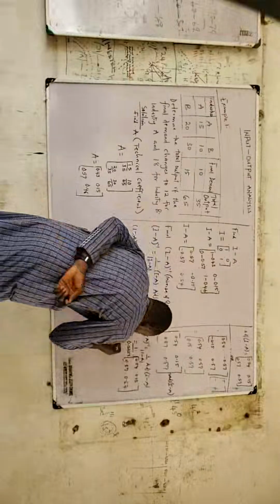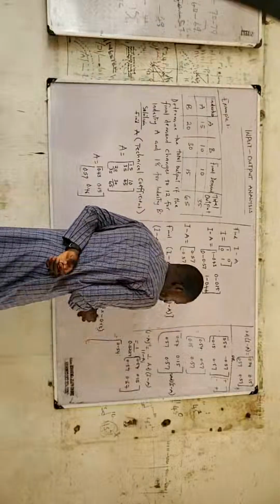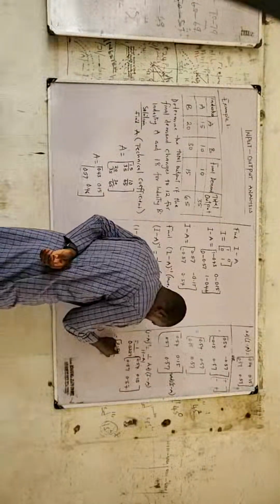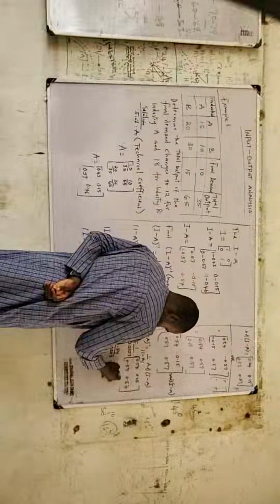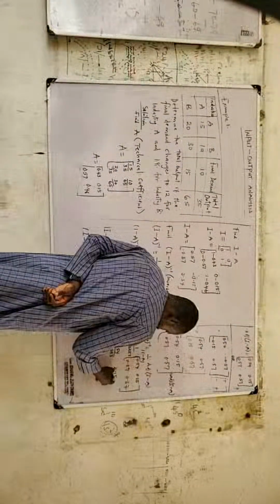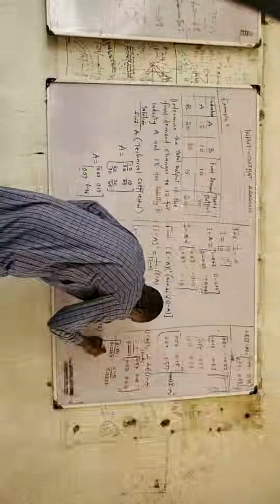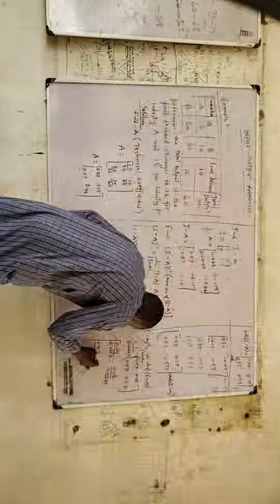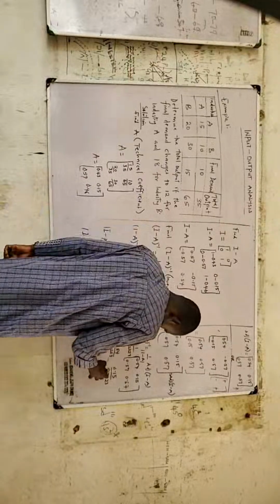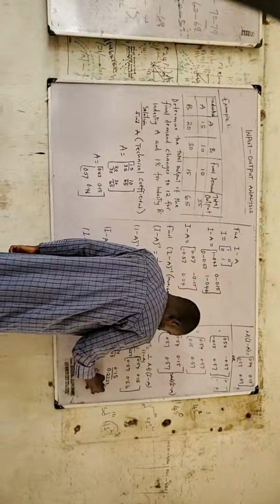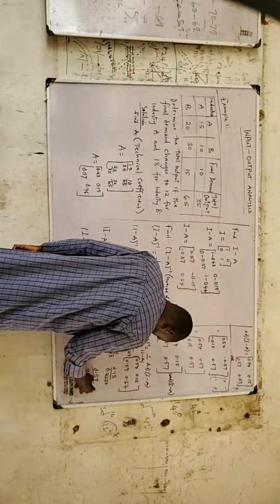You can either say 0.54 divided by 0.2223, 0.15 divided by 0.2223, 0.57 divided by 0.2223, 0.57 divided by 0.2223.